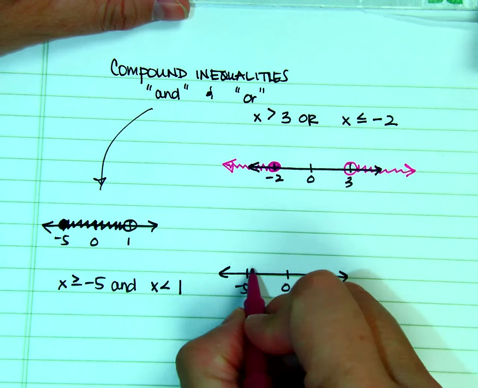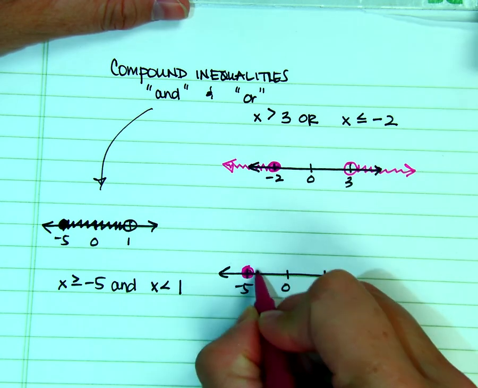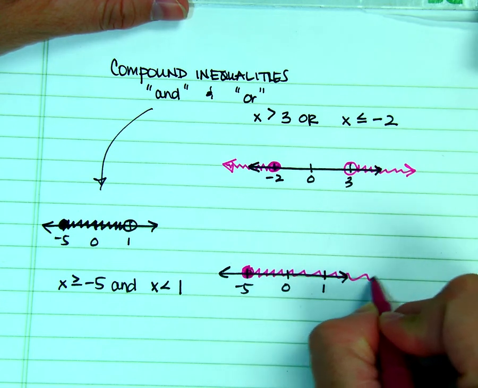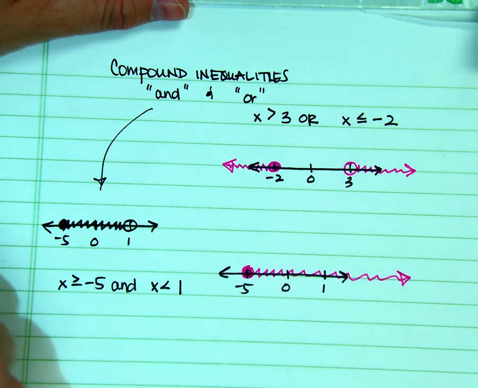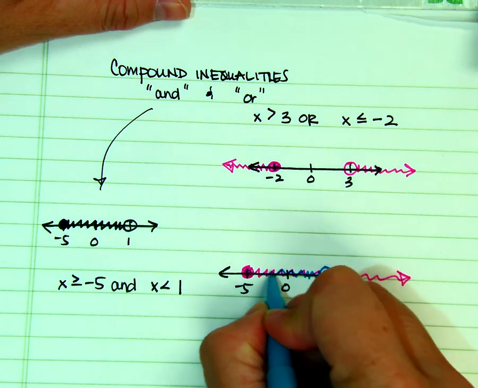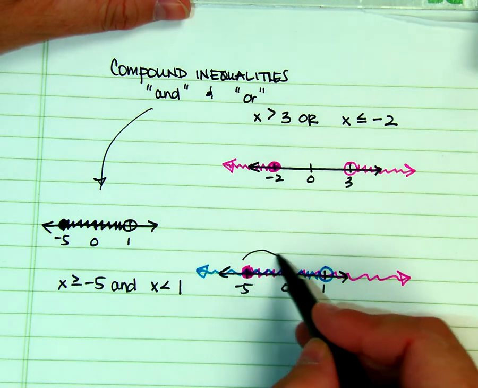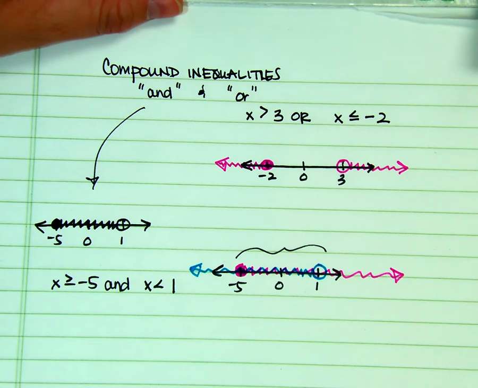X is greater than or equal to -5. And x is less than 1. So you're looking for that area of overlap.